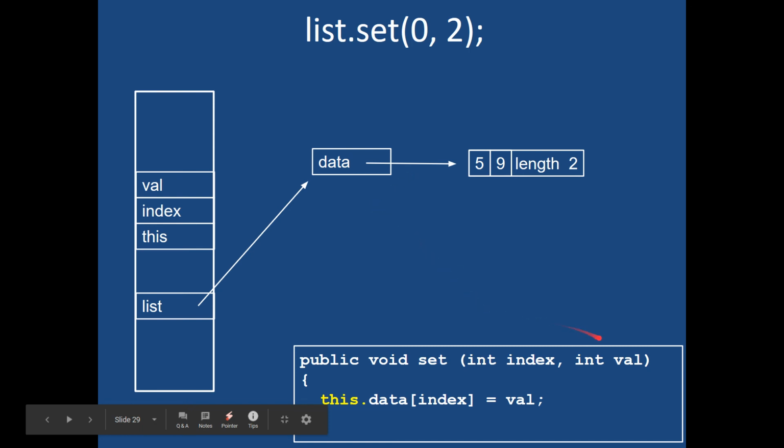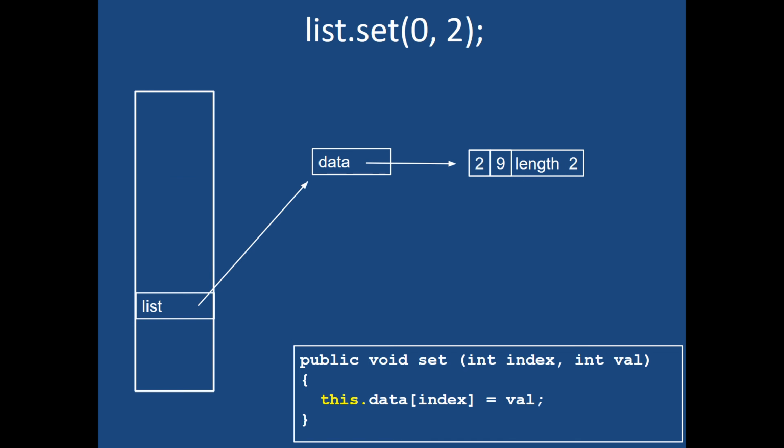The value of val, the second parameter, is going to be 2, and the value of this is going to be what? Same thing list refers to. Then we just go and change the thing at index 0 so that it's a 2. Then we return. And so from the point of view of main, list has changed.